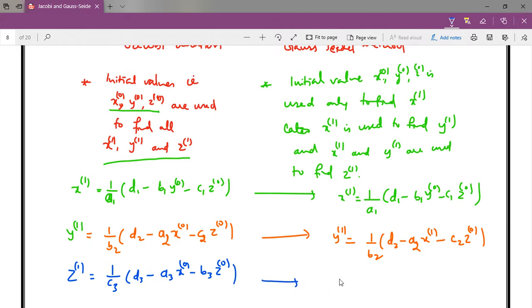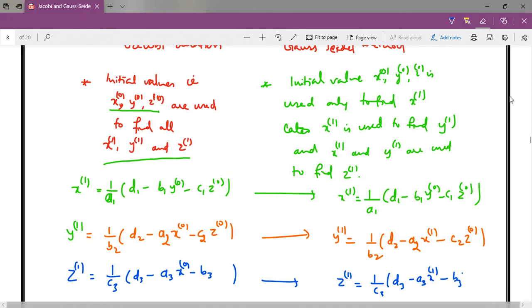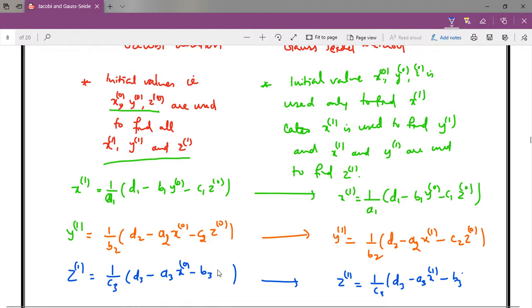But here to find z1 in Gauss Seidel, we are going to use 1 by c3 into d3 minus a3 x1, we are making use of latest root, minus b3 y1. So b3 y0 there becomes b3 y1 here.